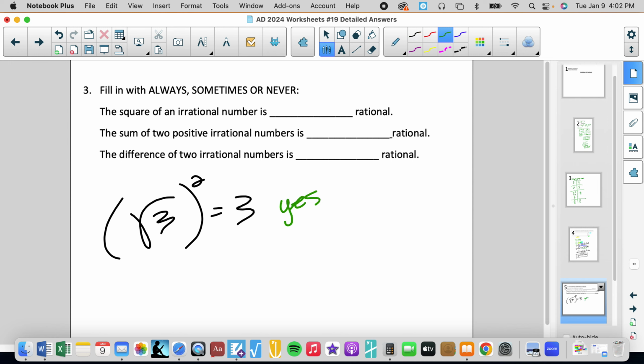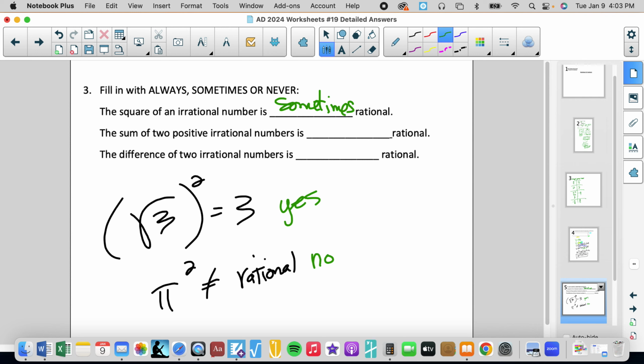However, if we square pi, pi is irrational, and that does not equal a rational. It's still going to be repeating. No, so that's a negatory. So that's going to be sometimes.